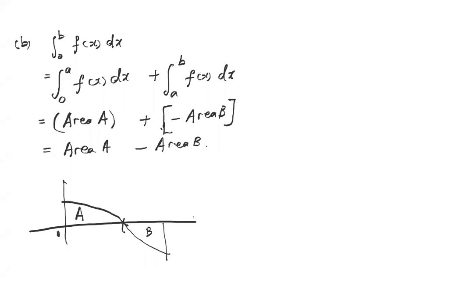So if area B is greater than area A, what can you say about the value of area A minus area B? Yeah, it will be less than 0. So if I write it this way, I have explained that B is true. Therefore, B is true.